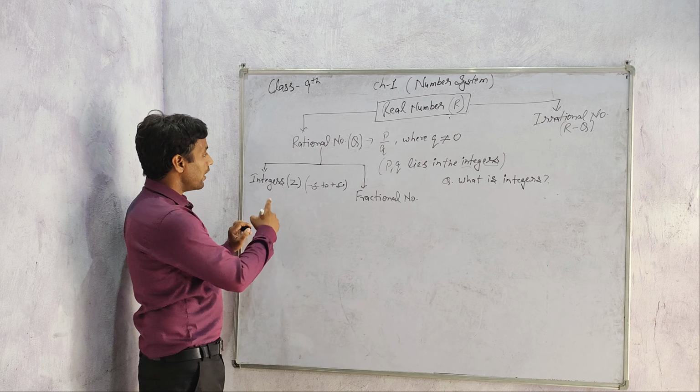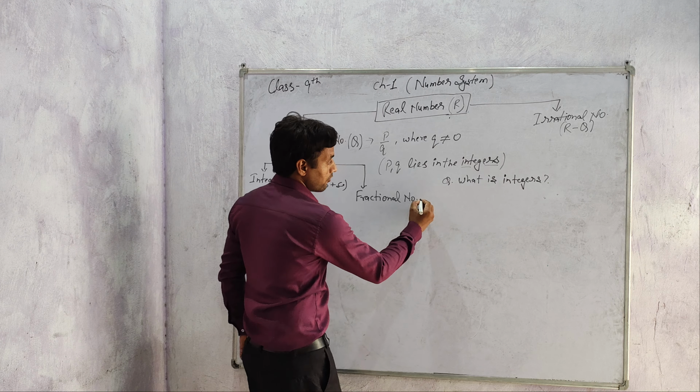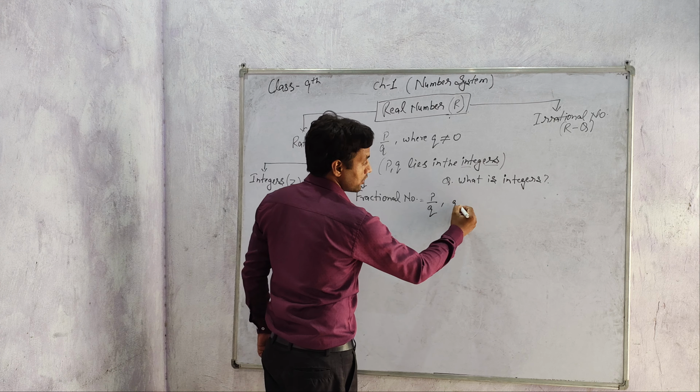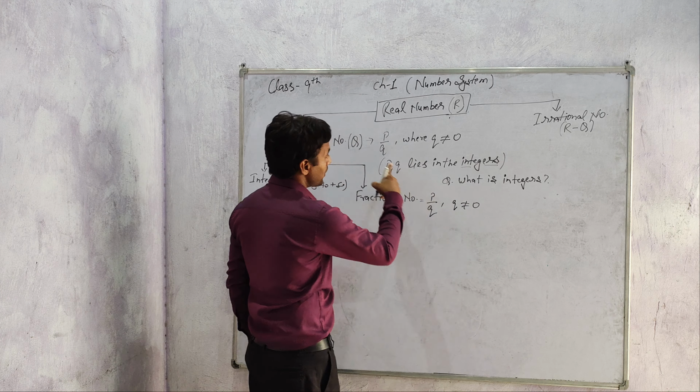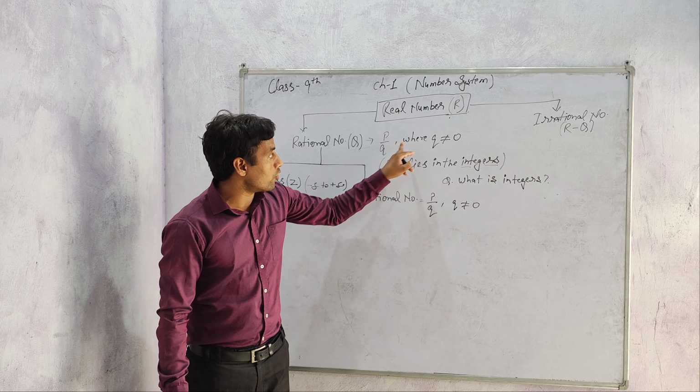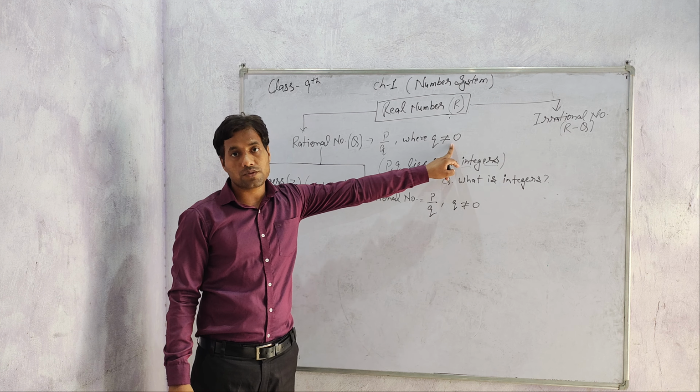And a fractional number is also in the form of P by Q, where Q is not equal to 0, same as rational numbers. Look here, P by Q form, where Q is not equal to 0.